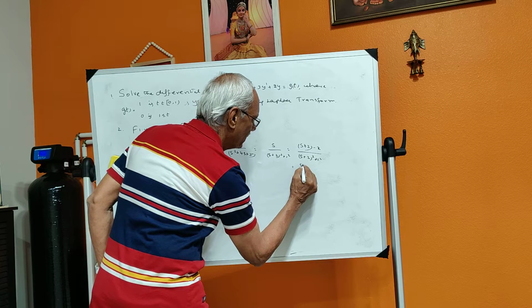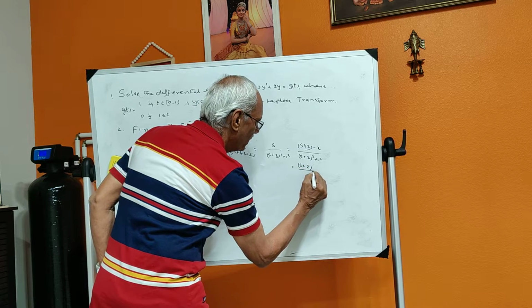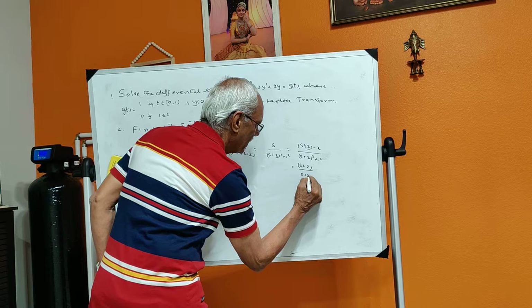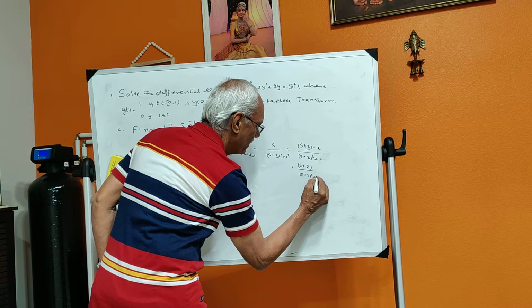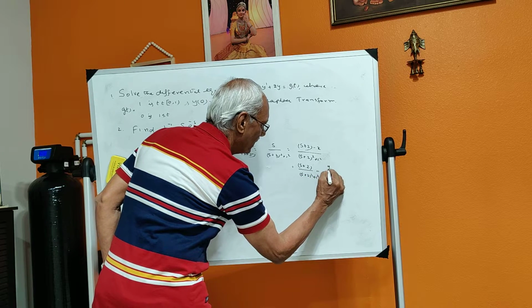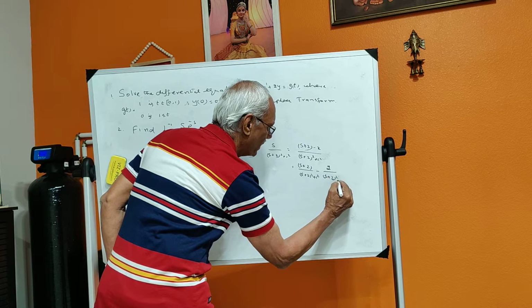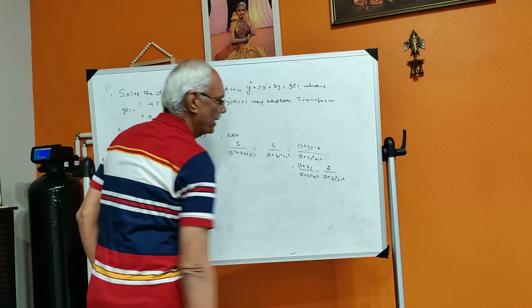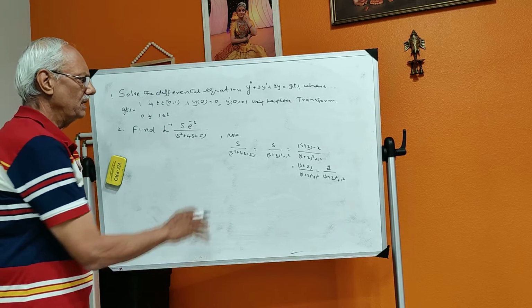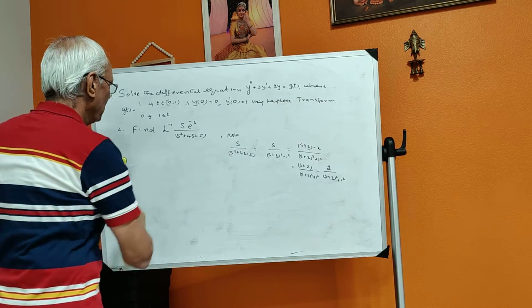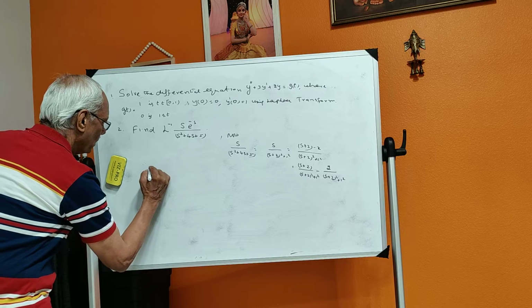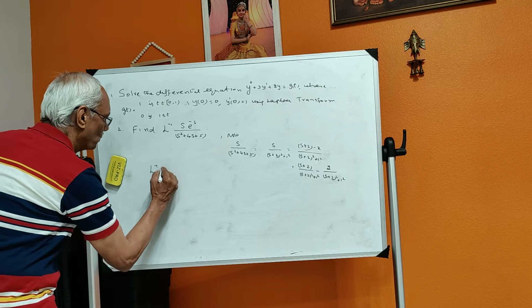This is nothing but s plus 2 divided by (s plus 2) whole square plus 1 square, minus 2 divided by (s plus 2) whole square plus 1 square. Let us keep this.